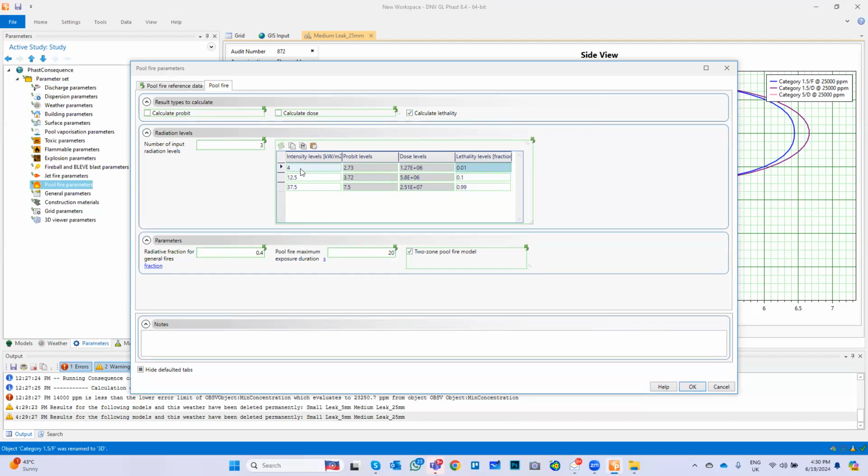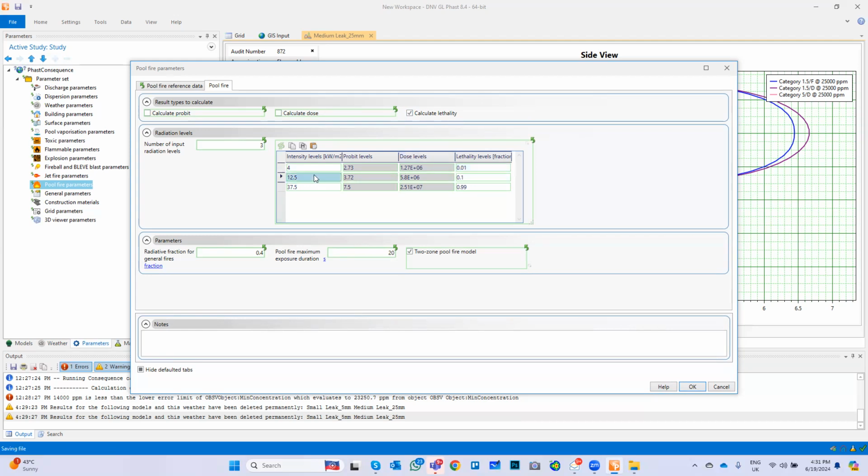So if you have 100 people, it means 1 person will die as a lethality level. So it is really important to identify this and let PHAST calculate the lethality. This will help you to determine the number of fatalities, and based on that, severity will be calculated and determined based on the risk scoring.